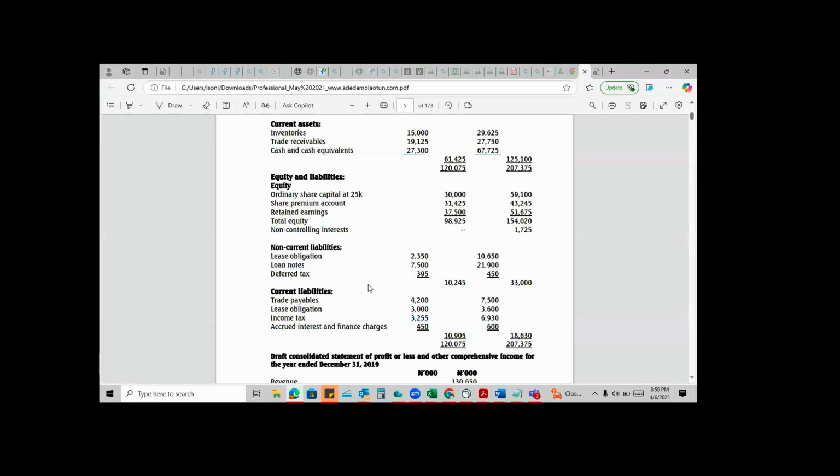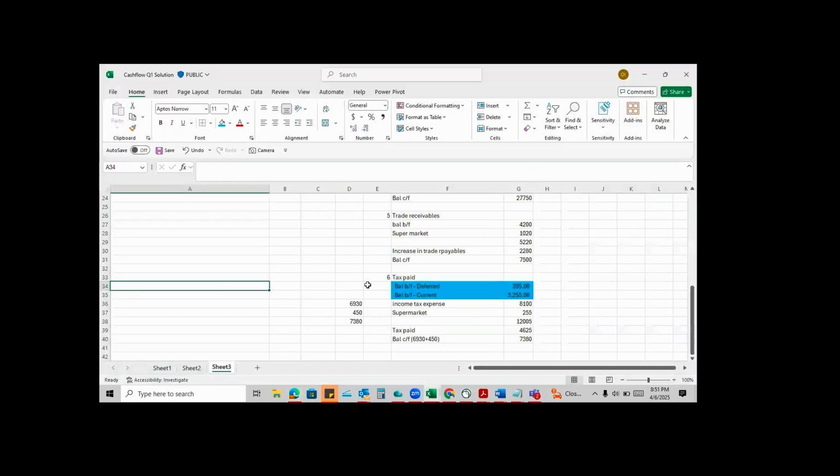Now, your expectation will be that what will increase my deferred tax and what will increase my current tax should be my income tax expense. All right. Your income tax expense will always include the current tax for the year plus the movement of your deferred tax.